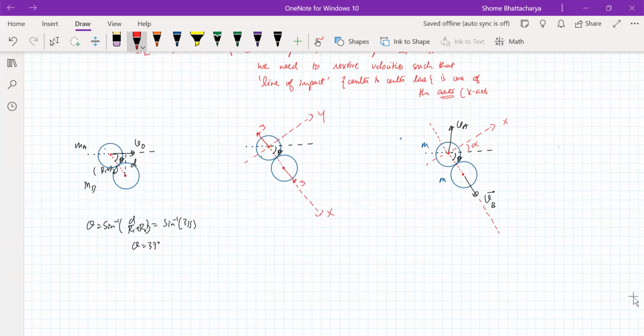Yes, what were you saying? Yes, sir, I did the same thing. I took the coefficient of restitution equation and from that I got VB. Okay, so E is 0.5, right? And mass of A is 4 kg, mass of B is 9 kg, right?